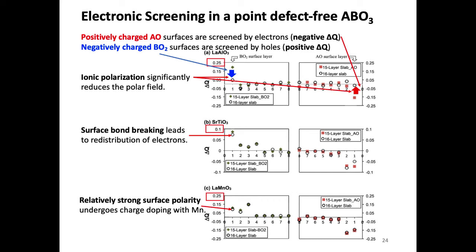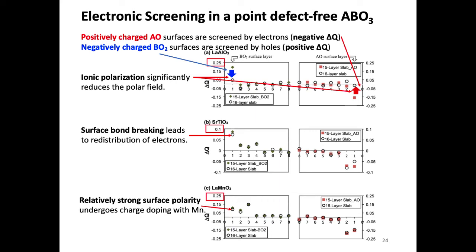And here we have three exemplary oxides, the top one being LAO, the middle one being STO, and the lower one being LMO. And you can see these three oxides are different. For example, for LAO, ionic polarization significantly reduces the polar field.